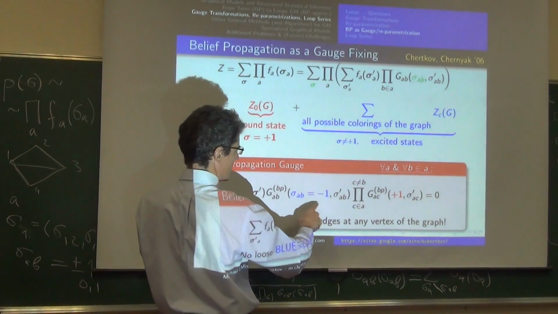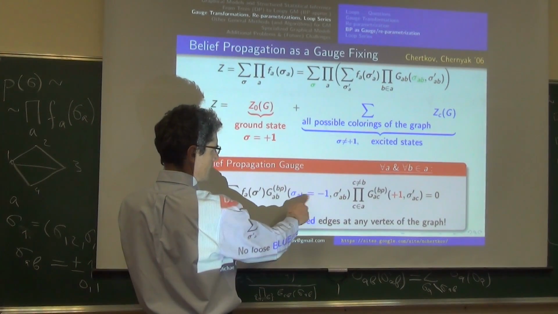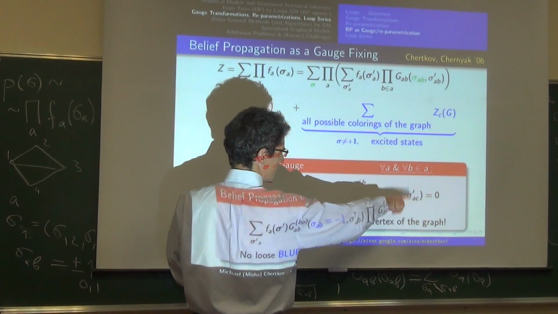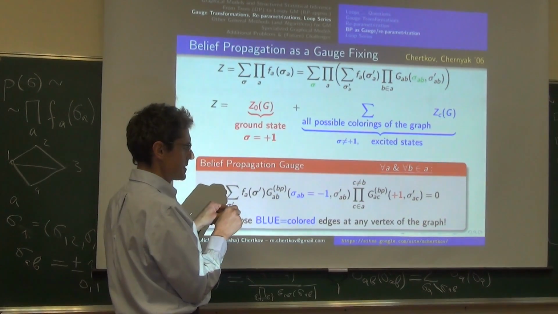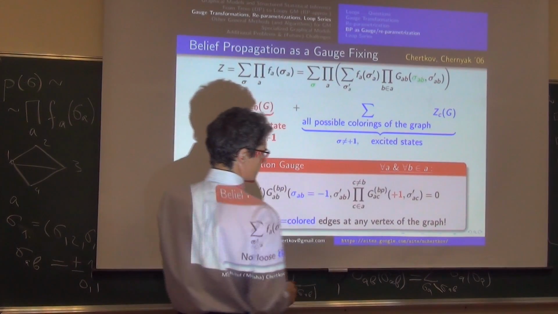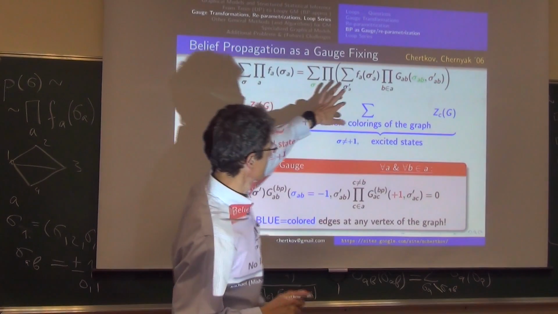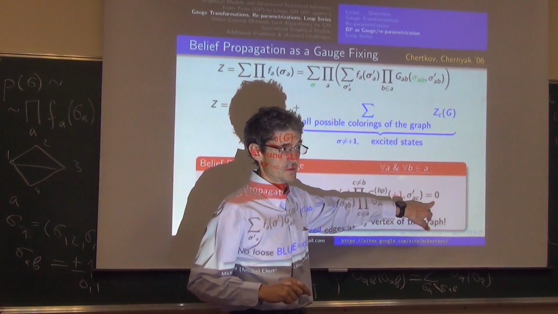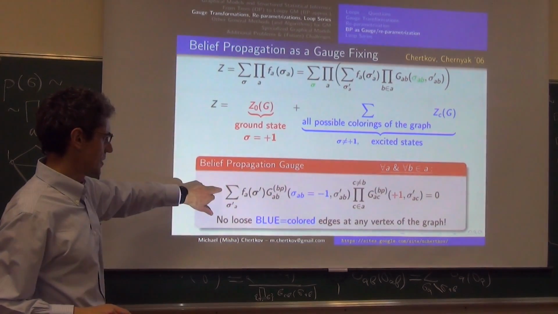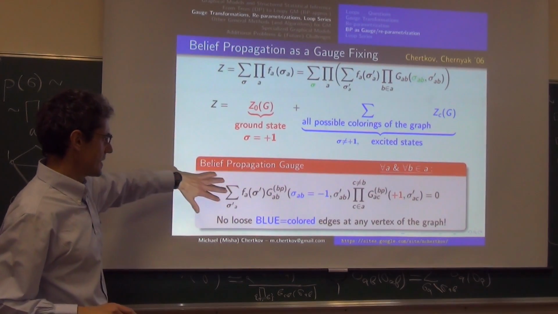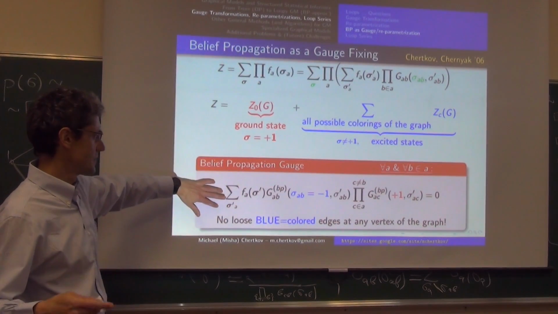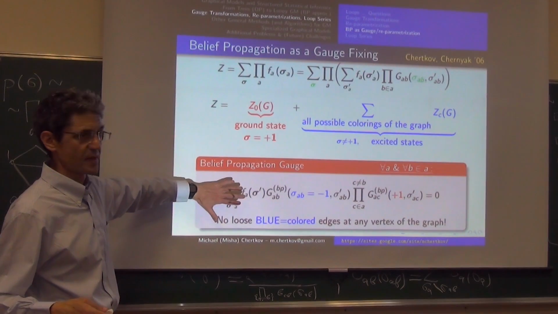So I pick one particular edge, and I put it to minus color. And then all other edges emanating from this vertex, I force them to be +1. So this is one particular contribution in this sum, and I want it to be equal to 0. And I'm doing it for all vertices and all edges. It's very straightforward to check that I have exactly enough degrees of freedom to satisfy those constraints.